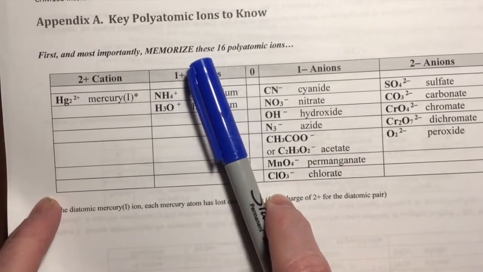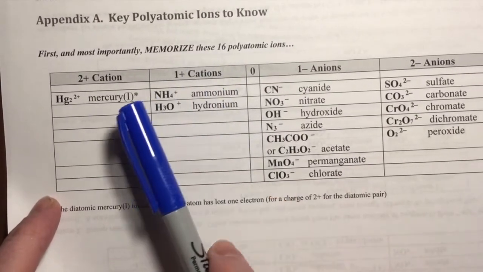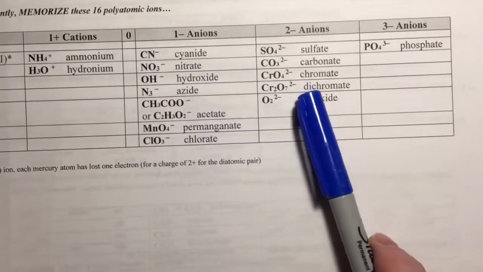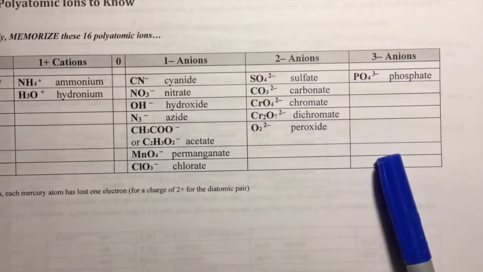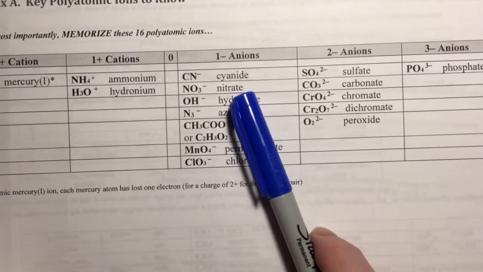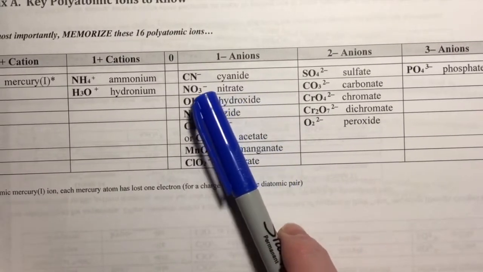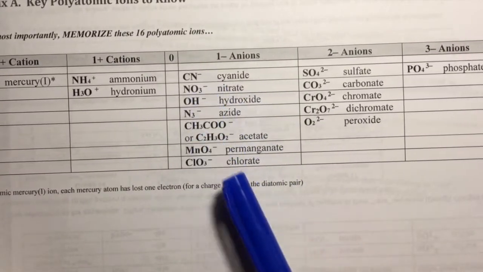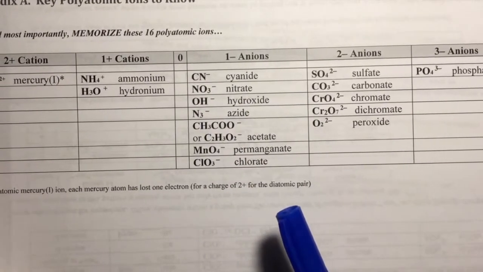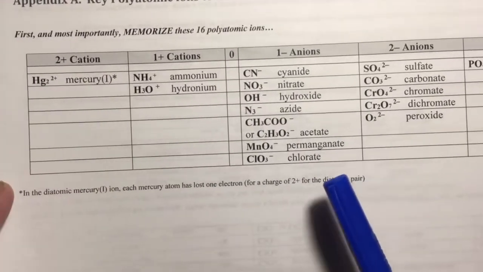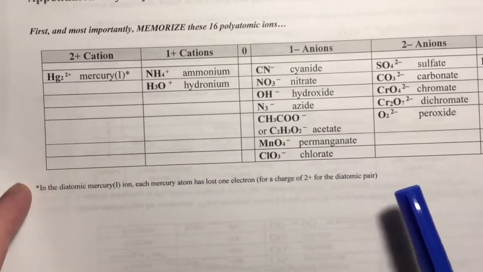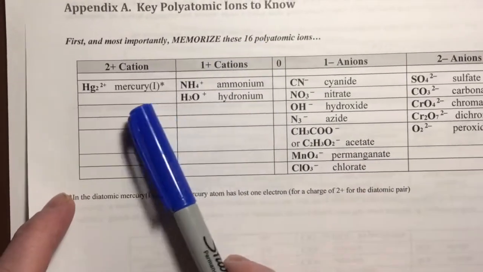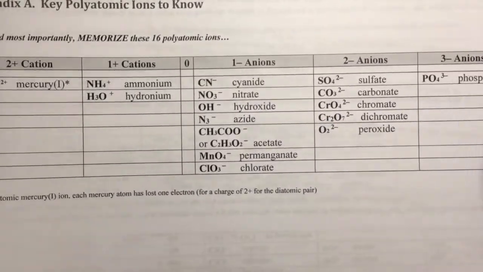And I say memorize because there's no special pattern that is going to help you learn these other than the way I've arranged the charges. There's no special pattern that's going to let you remember that nitrate is an NO3 with a minus charge, for example. There are other patterns for the remaining 18 in our list of 34 that you have to know, but these 16 you basically just have to memorize, okay?